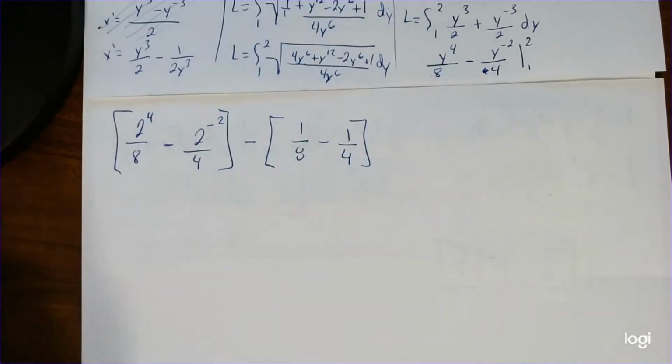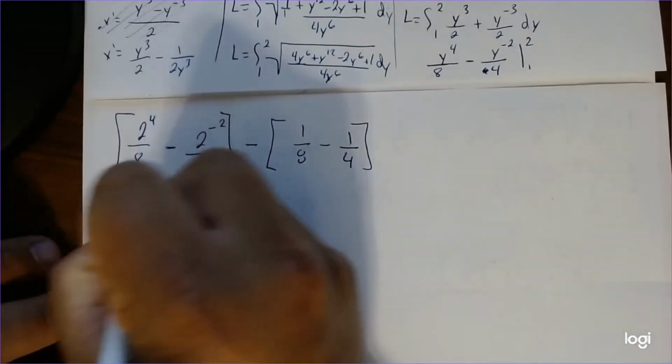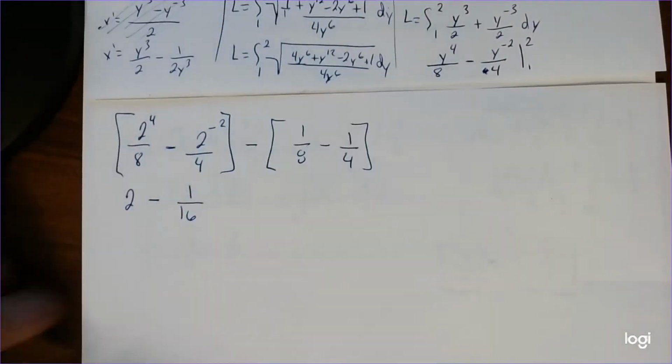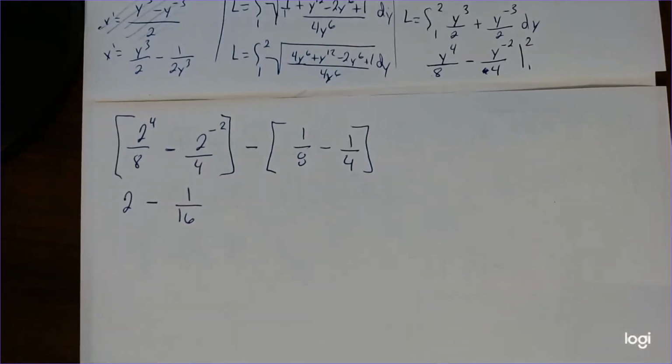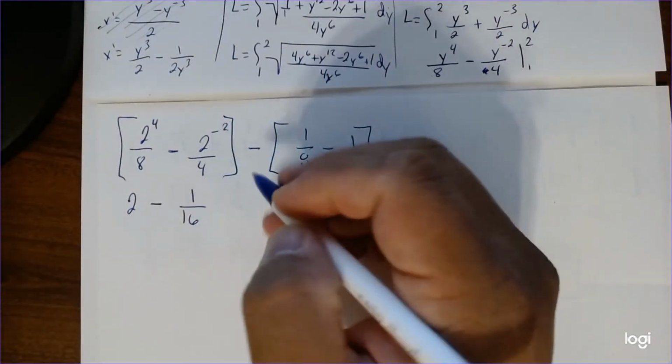So 2 to the 4th divided by 8. Let's see what we get there. I think 2 to the 4th is 16, but I'm not really sure. Yep, 16 divided by 8 gives you 2. Minus, again, this is going to be 16 on the bottom. If I just break this down, 2 squared is 4 times 4 gives you that.